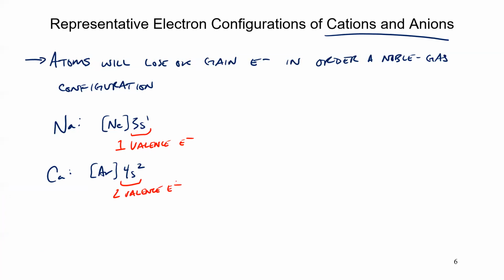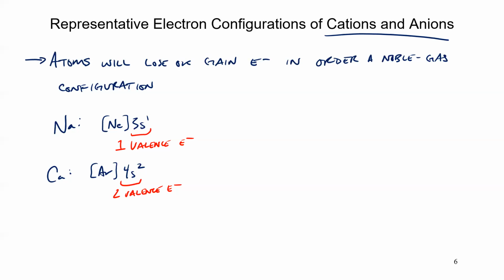And it could either lose 2 and become just like argon, but in order to become like krypton, the next noble gas, it would have to gain 16 electrons. Not only the 6 from the 4p subshell, but also all 10 of those electrons from the 3d subshell. And so it would have to have a negative 16 charge in order to be like krypton, or it can just be a +2 charge and be like argon.